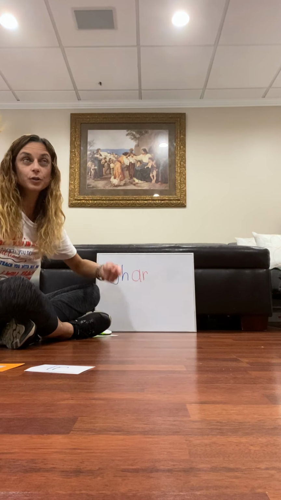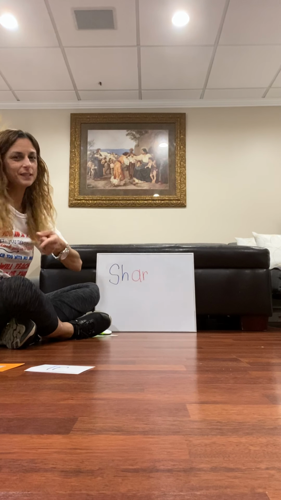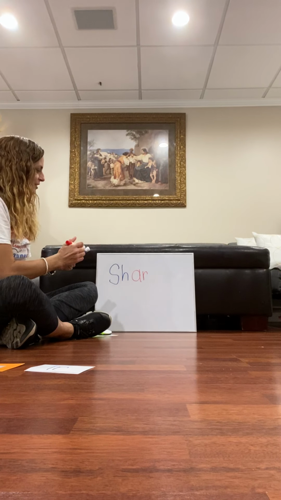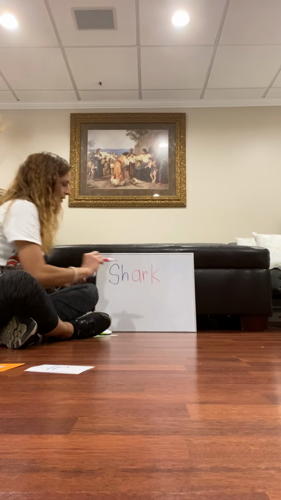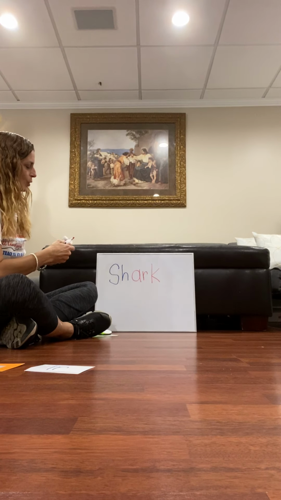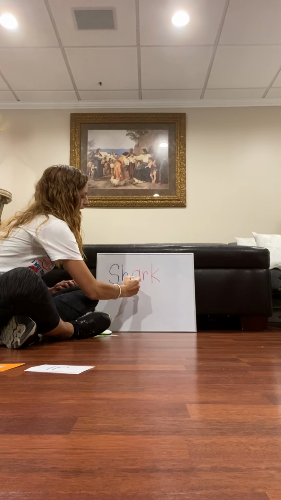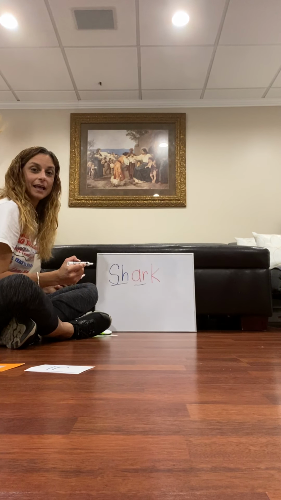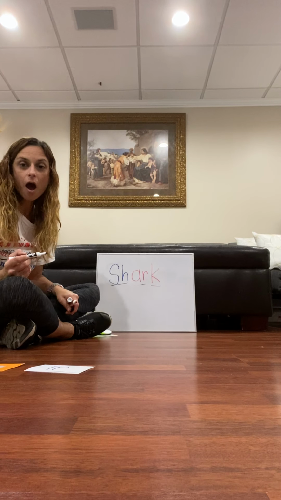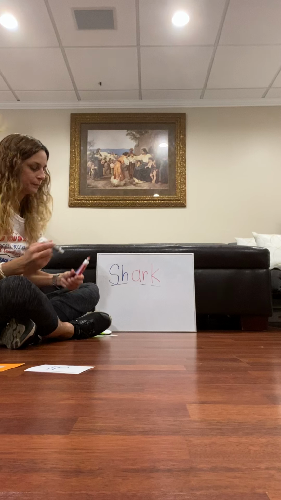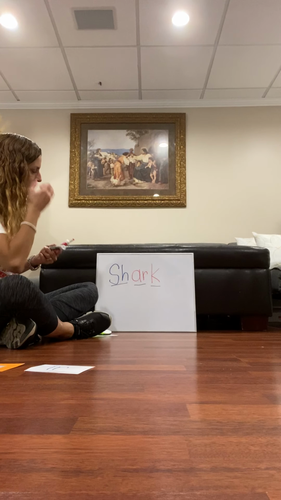K. Could be C, but guess what it is? K. Shark. You add a K. Look at that. This is shh. This is R, and the ending sound is k. Shh. R. Shark. Awesome.